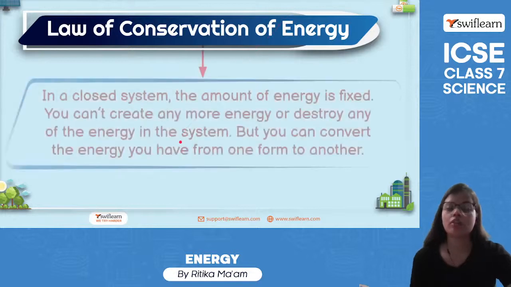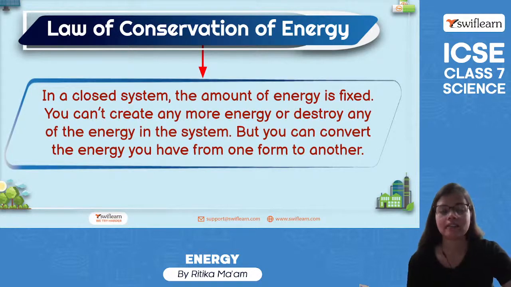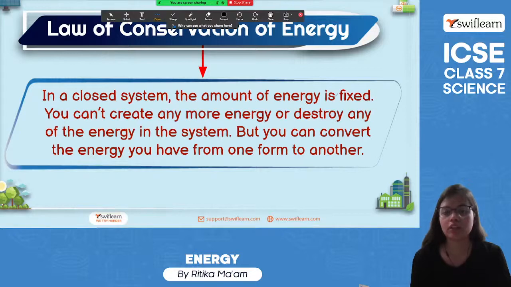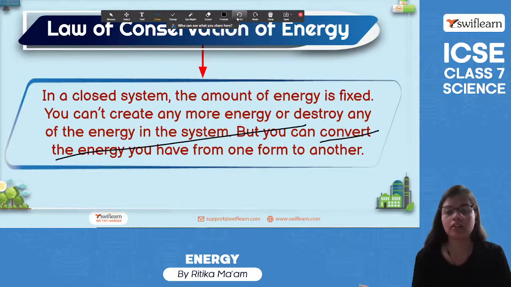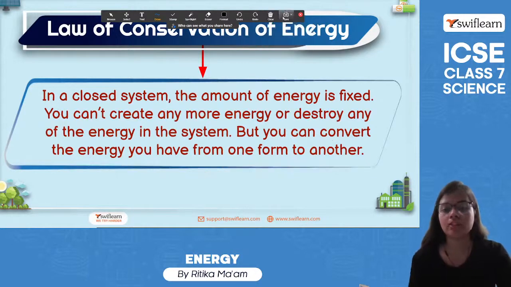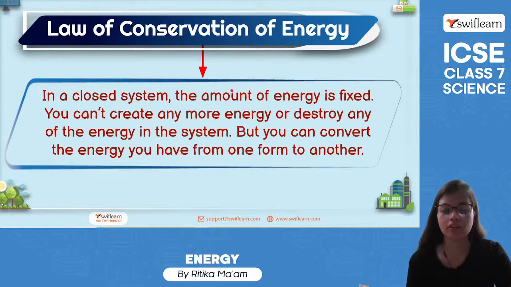Now the law of conservation of energy states that in any closed system, the amount of energy remains fixed. We can neither create nor destroy energy. All we can do is convert energy from one form to another, and that is what is depicted by the law of conservation of energy.